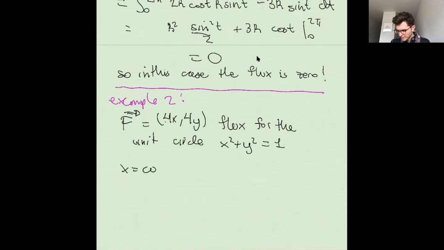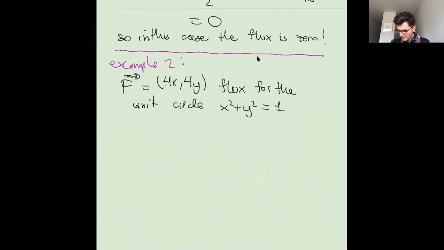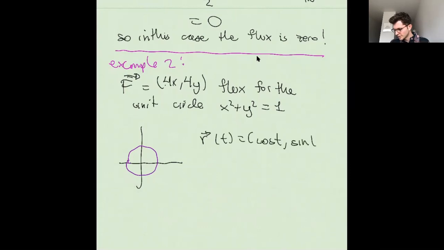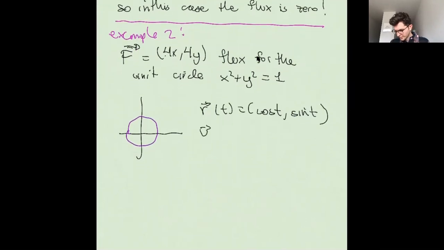So again, you can say that x equals cosine of t. The parameterization of the circle is cosine of t, sine of t. The velocity vector is negative sine of t, cosine of t.